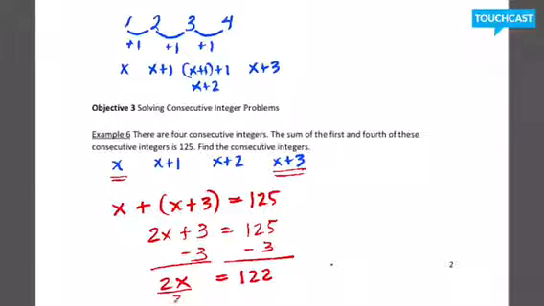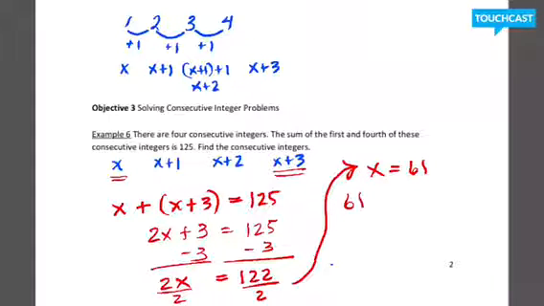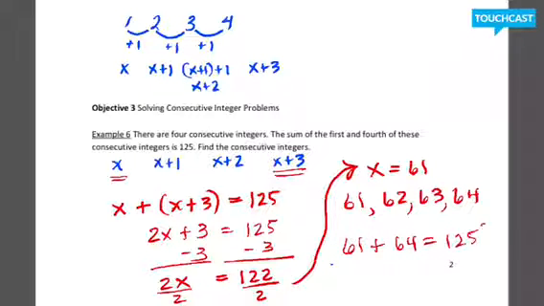If I divide by 2, then I find that x is equal to 61. So far, my numbers are 61, 62, 63, and 64. And now I need to check. Is 61 plus 64 equal to 125? Yes, it is.